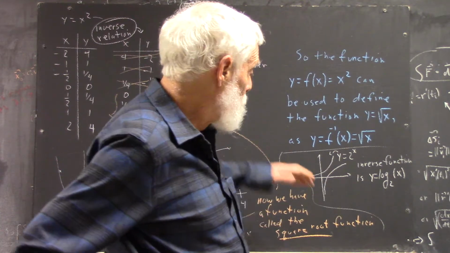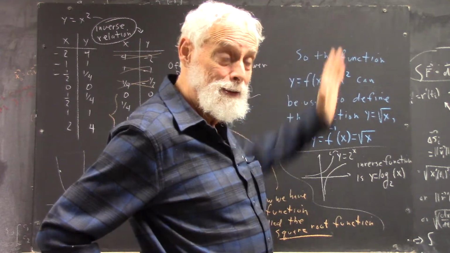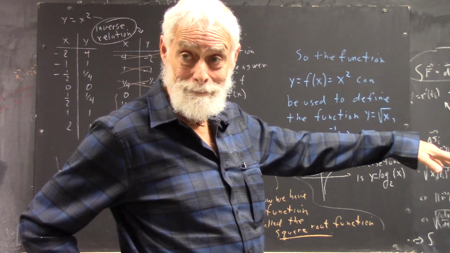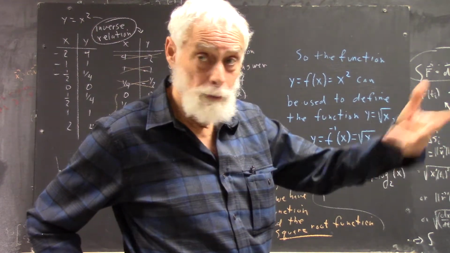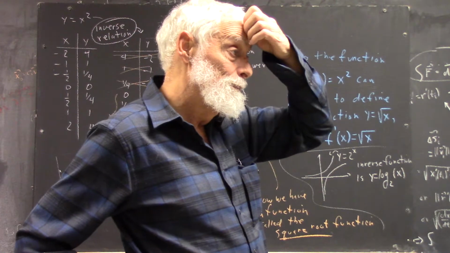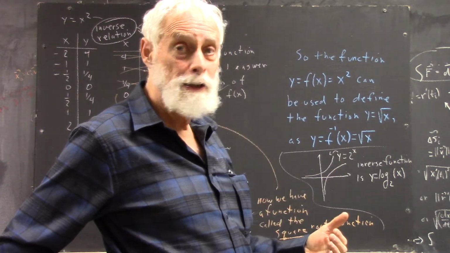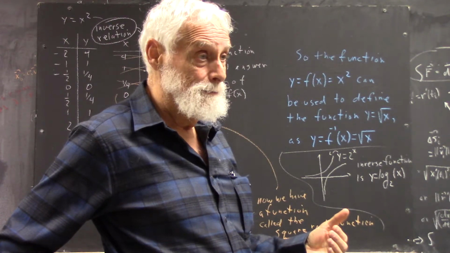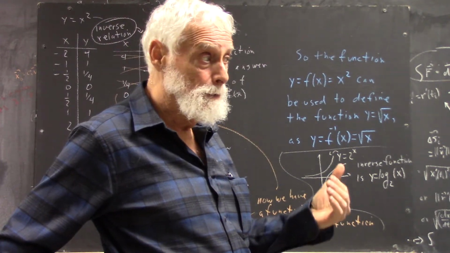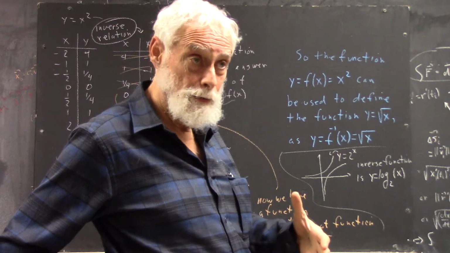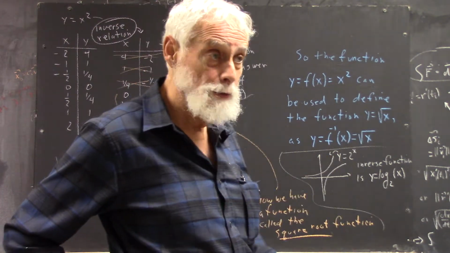If you start with y equals 10 to the x, you get the log base 10 function, which your calculator will evaluate for you. If you do the log base e, where e is the Euler number, you get the natural log, which your calculator will also do.